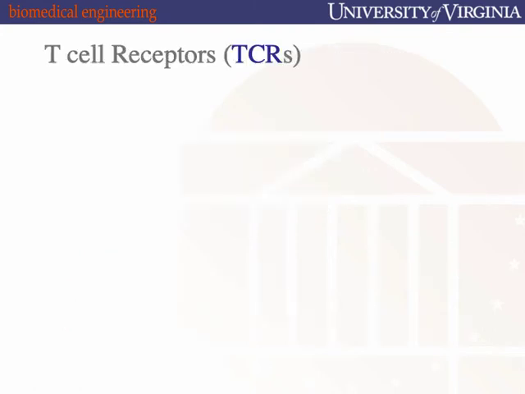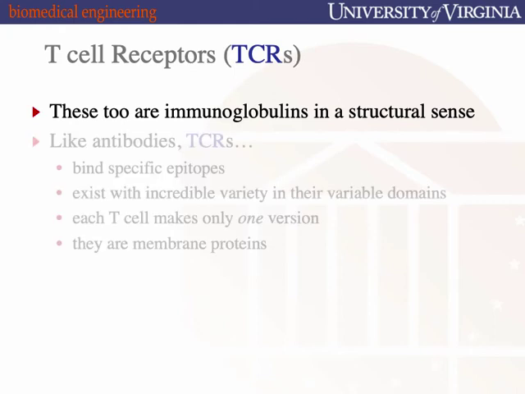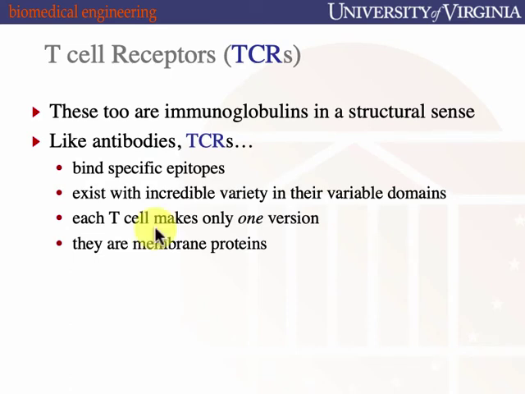All right, so let's talk about the T cell receptors. These too are immunoglobulins in a structural sense. Remember, Ig, immunoglobulin, stands for that structural motif that characterizes antibodies. TCRs have a similar structure. Like antibodies, TCRs are going to bind to very specific epitopes. They're just going to be peptide epitopes.